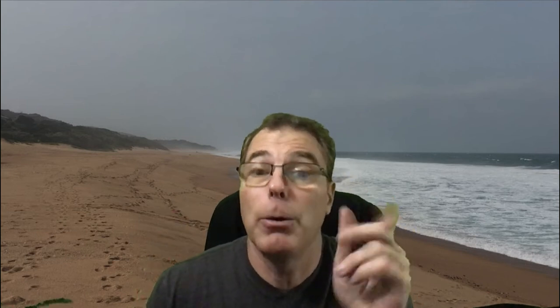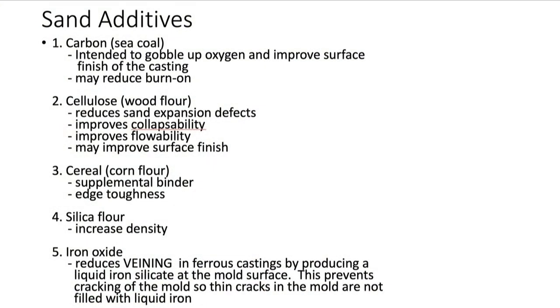As the sand expands, that wood flour will tend to either crush or burn out. So the sand grains have some breathing room, some expansion room. That's why we would add cellulose. It also improves the flowability as it moves throughout the foundry and can improve the surface finish.